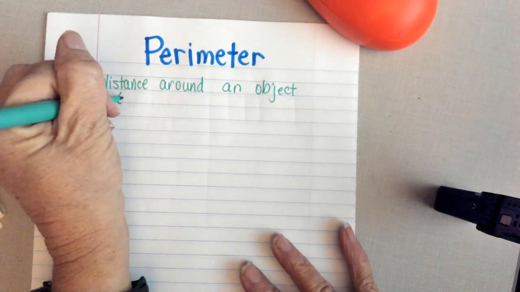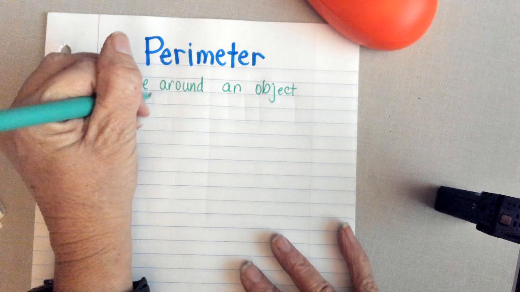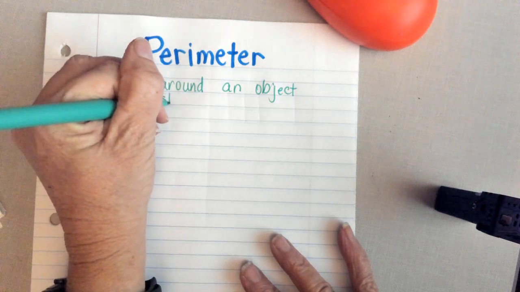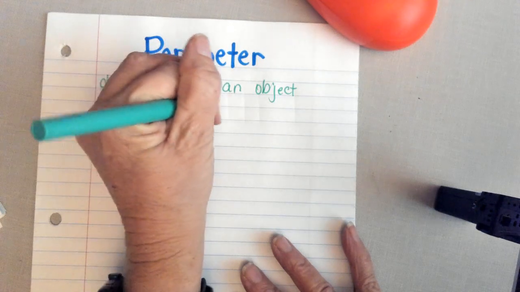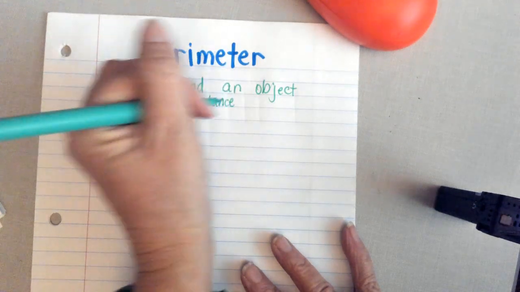And it's important to understand that it's the shortest distance. The shortest distance around an object.